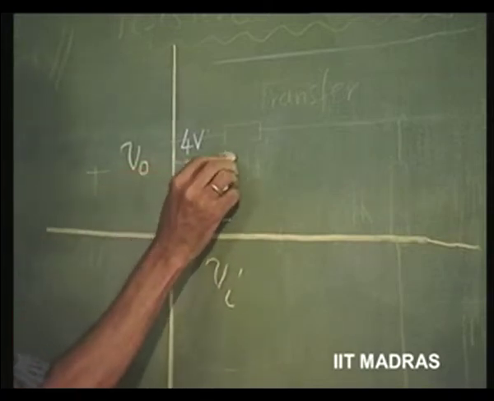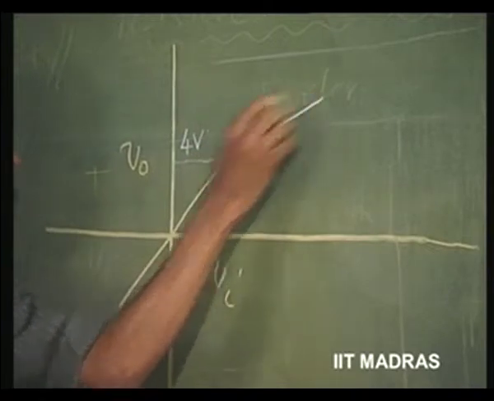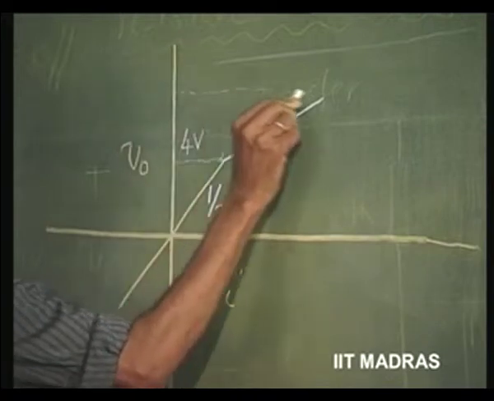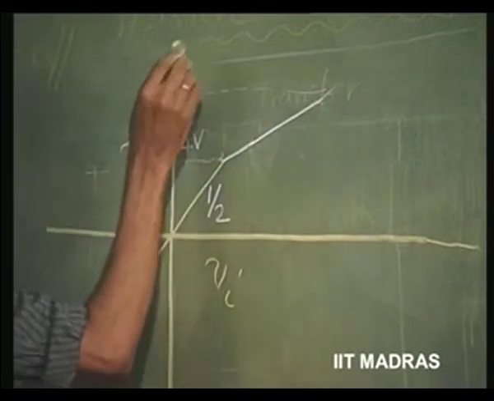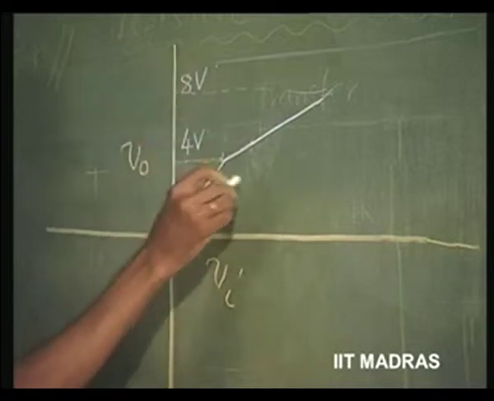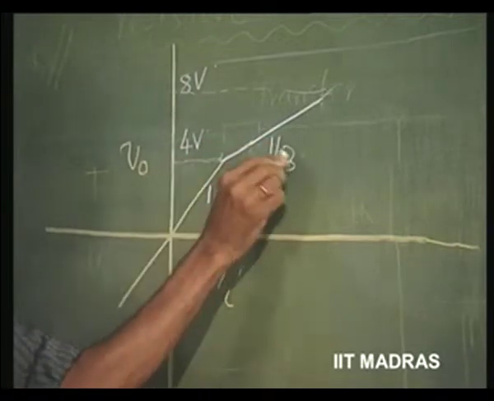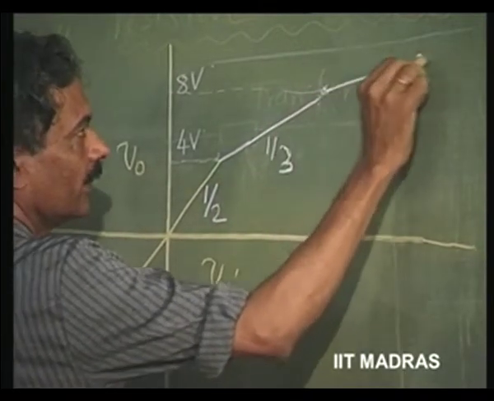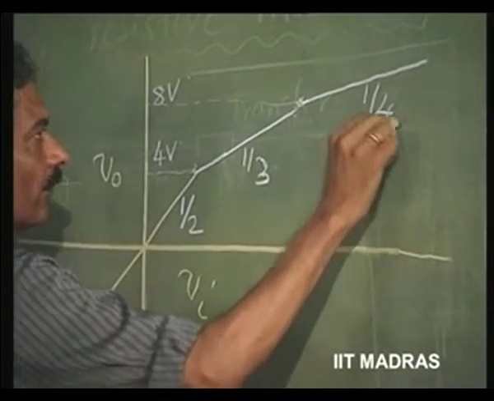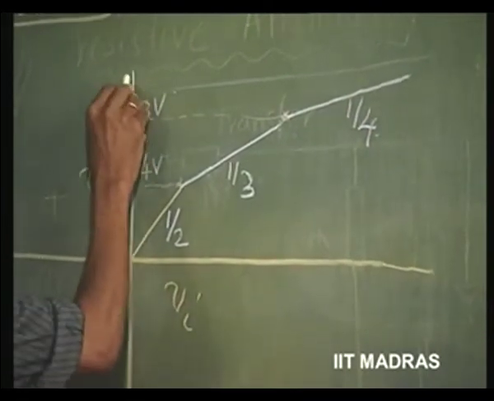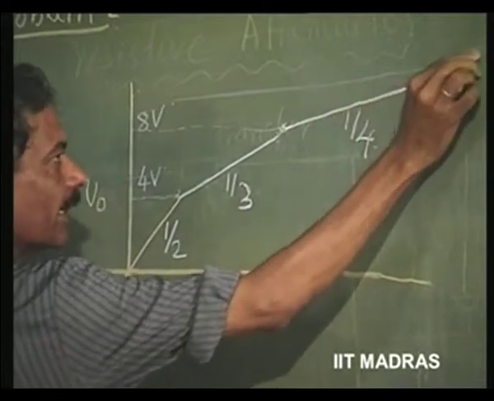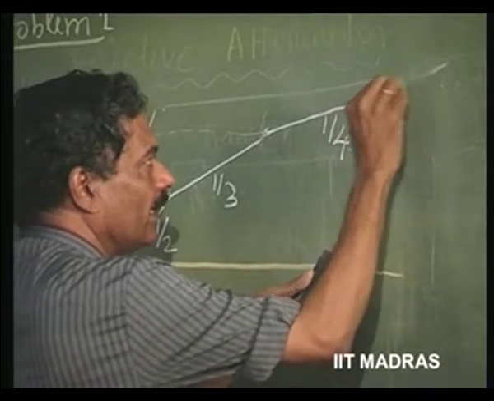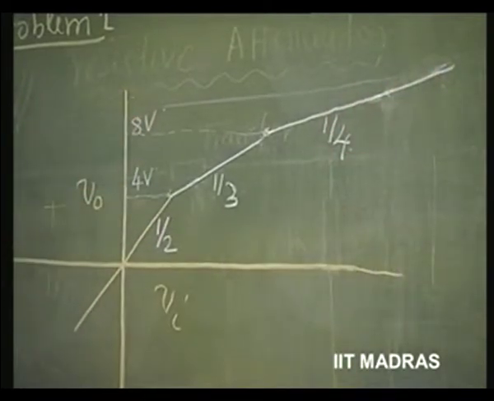Then it should change over above 4 volts to 1/3, say up to 8 volts. After that, it should change over to 1/4. Let it remain like that forever. For all the higher voltages, let it remain as 1/4.